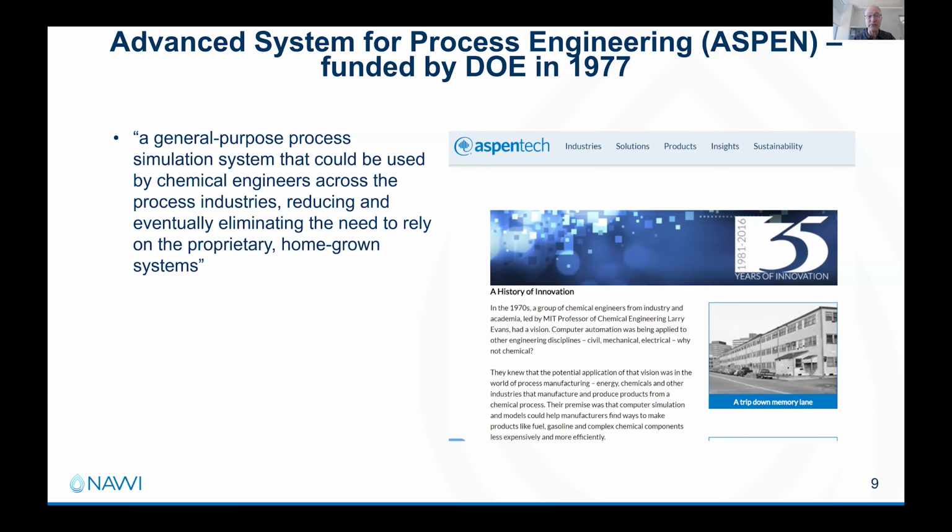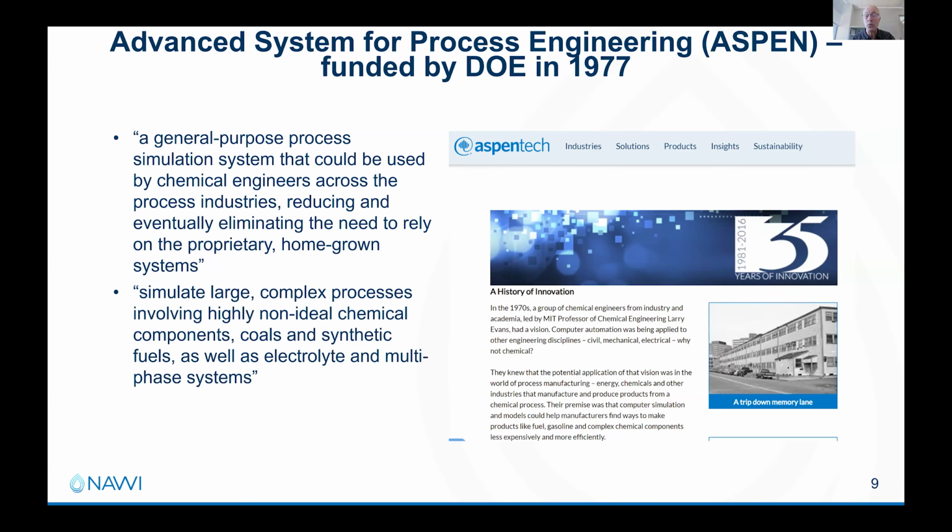And so they built Aspen, which then got commercialized and is now used widely across the oil and gas sector and across all of chemical process engineering. What we realized early in the NAWI program is that if we wanted to do advanced process simulation, we needed a tool like Aspen. Unfortunately, Aspen didn't have a lot of unit processes relevant to water treatment. So that is the origin of WaterTAP.